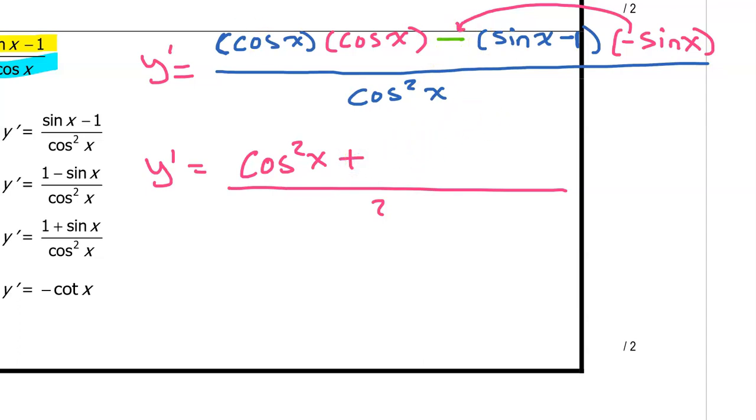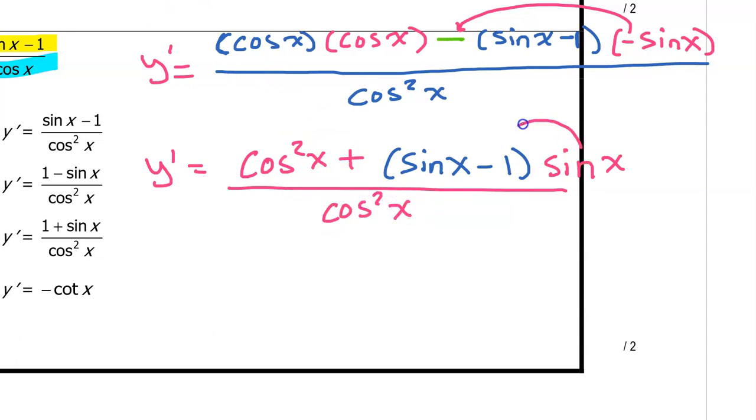So that's going to leave us with this for a moment. So we've got sine x minus 1, and then we've taken the negative sign away, so we just have sine x sitting here for a moment. But on my next move, I am going to do the distributive property from the right-hand side.